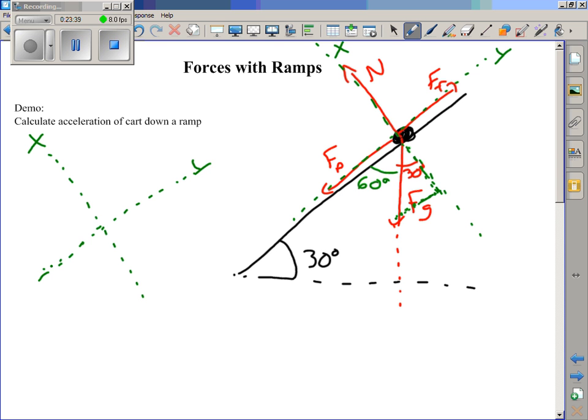Where what's going down the ramp, this part is my y component, and that part is my x component. Everyone following me? Okay? So I have a right triangle, but down the ramp is the opposite. The other one is the adjacent.